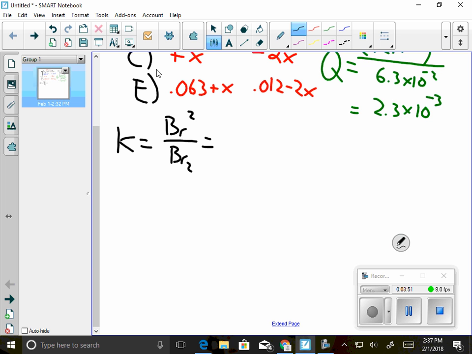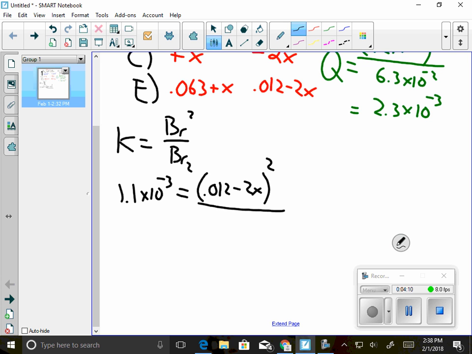So K is 1.1 times 10 to the negative third. That will equal 0.012 minus 2x squared over 6.3 times 10 to the negative second plus x.